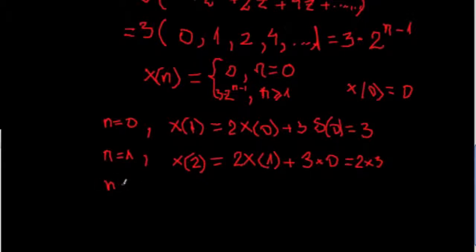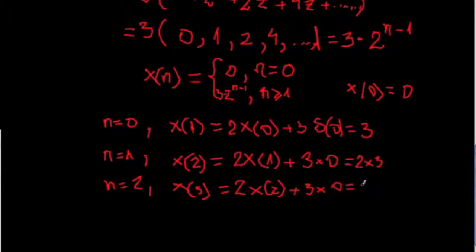For n equal 2, x3 is equal to 2 x2 plus 3 multiplied by 0 again, which gives 12.